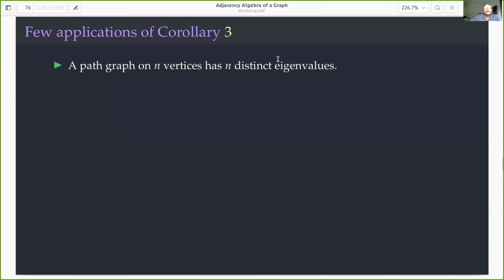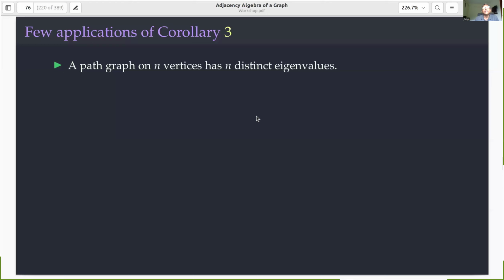So the path graph diameter is d, right? Diameter is n minus 1. The diameter of a path graph is n minus 1. That is the largest diameter it has, right? Out of all graphs with n vertices, the path has diameter n minus 1, right? Then automatically, the number of distinct eigenvalues is at least d plus 1 and less than or equal to n.